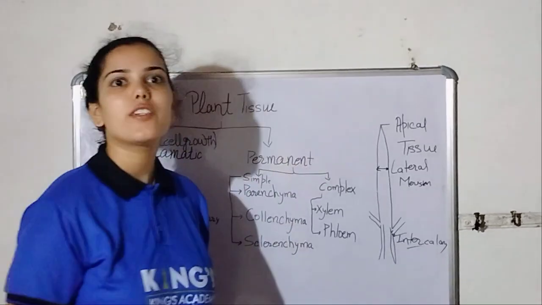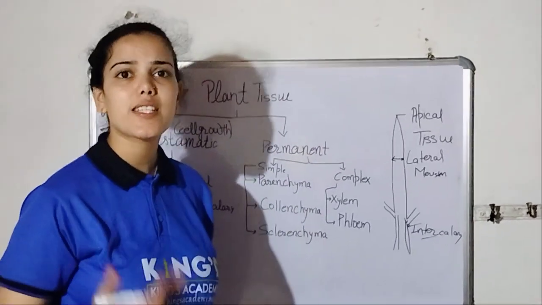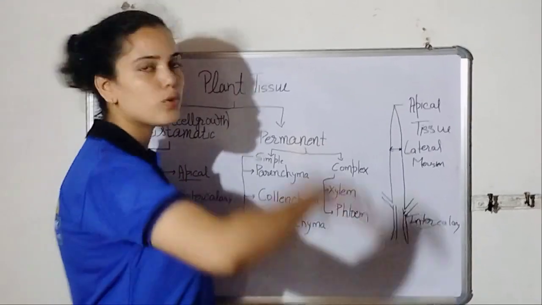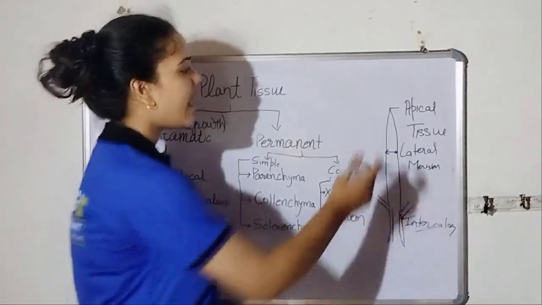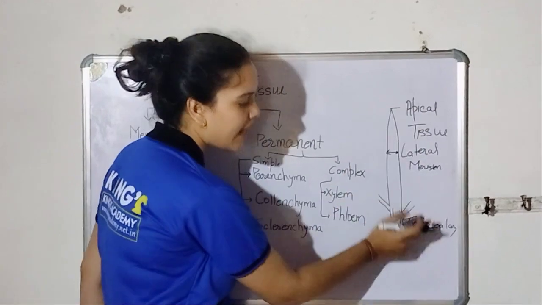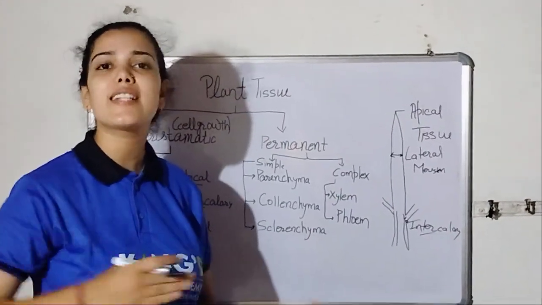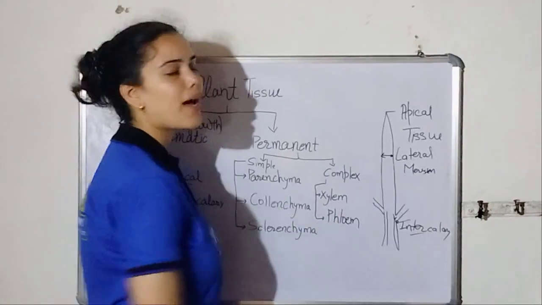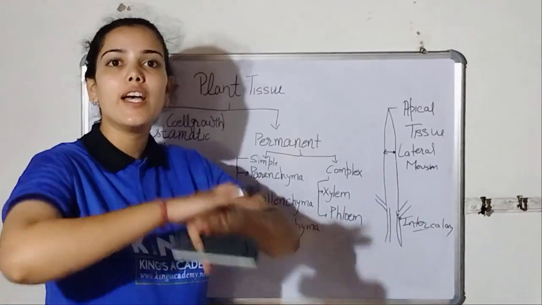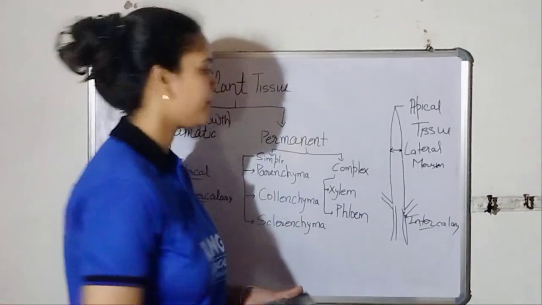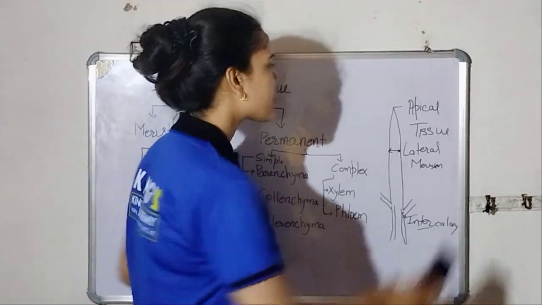This intercalary also helps the stem and the roots to increase their size lengthwise. Which means that apical and intercalary help the plant to increase its length, and this lateral meristem helps the plant to increase its girth, to expand its size. So I will now remove this diagram.